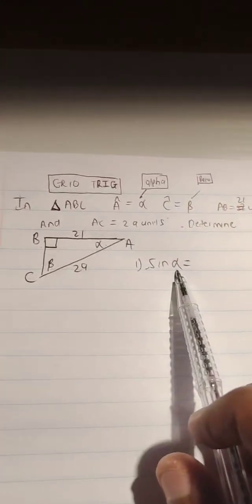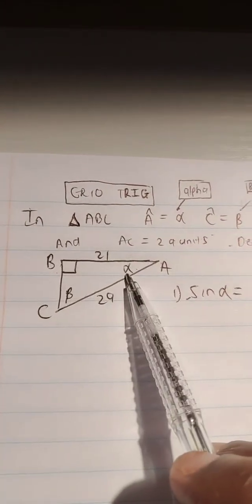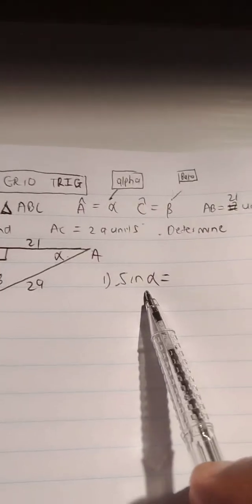Determine the value of, now, the value of what? Sine alpha. Let's start there. We need to determine the value of sine alpha. So there is alpha, and then sine.